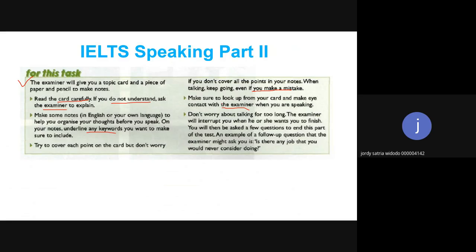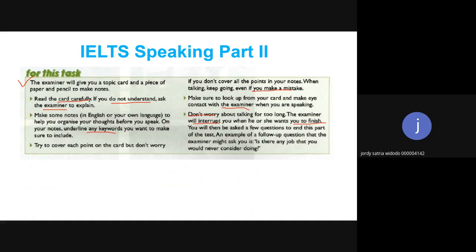Then don't worry about talking for too long. The examiner will interrupt you later when he or she wants you to finish. And if they have interrupted you, you need to prepare the conclusion. You will then be asked a few questions to end this part of the test.